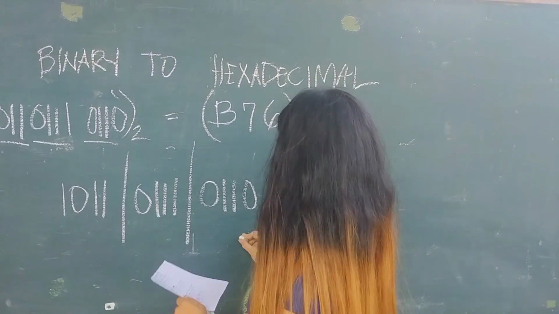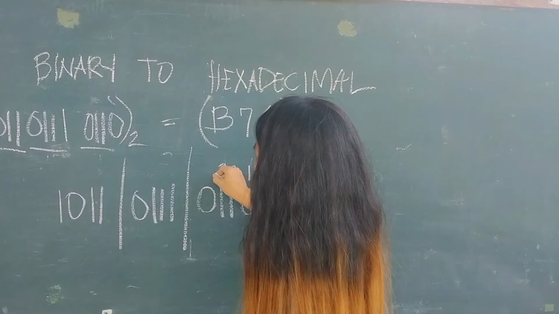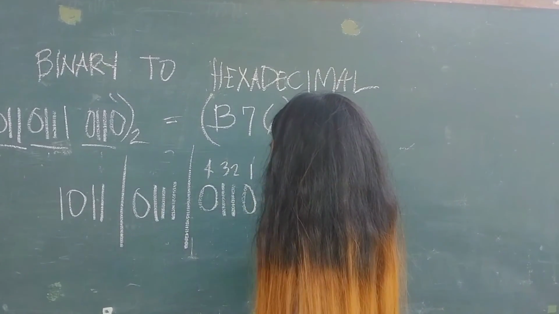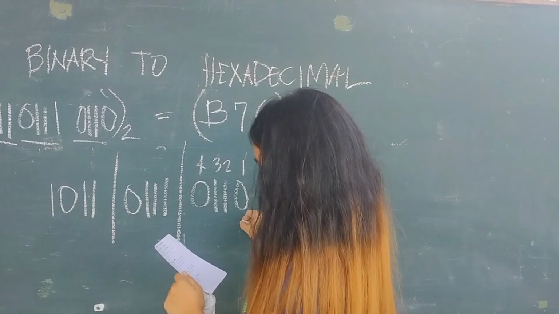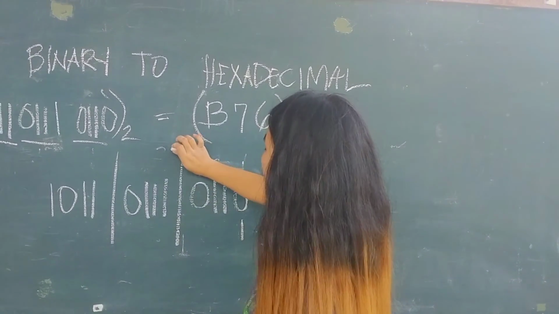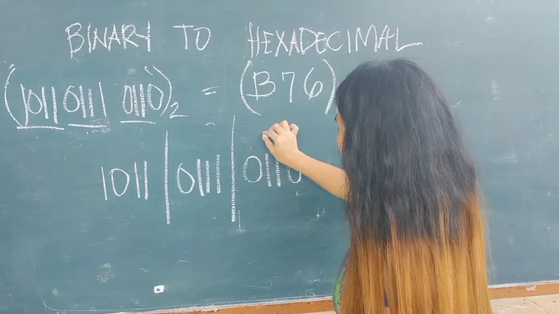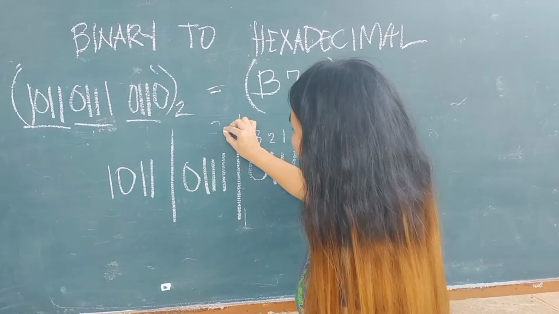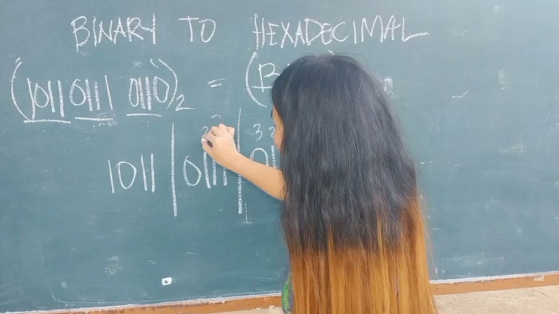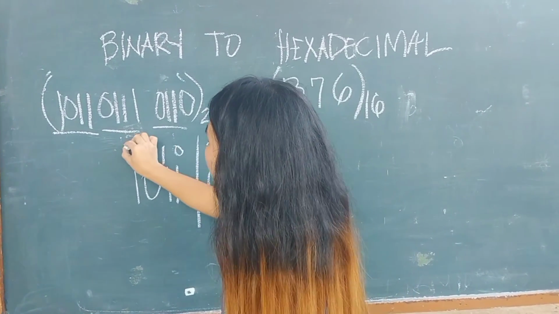The exponents are 0, 1, 2, 3, then 0, 1, 2, 3, and 0, 1, 2, 3.